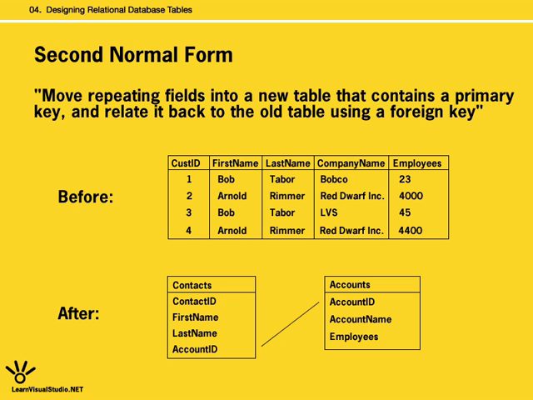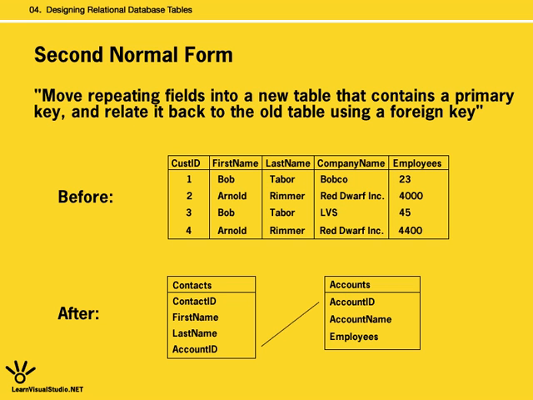In other words, as you can see, there's two Bob Tabor records, record number 1 and record number 3, customer ID 1, customer ID 3. One of them has him working for a company called Bobco, and the other one has him working for a company, LVS.